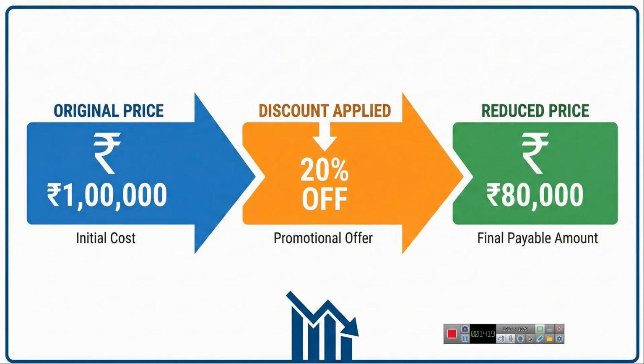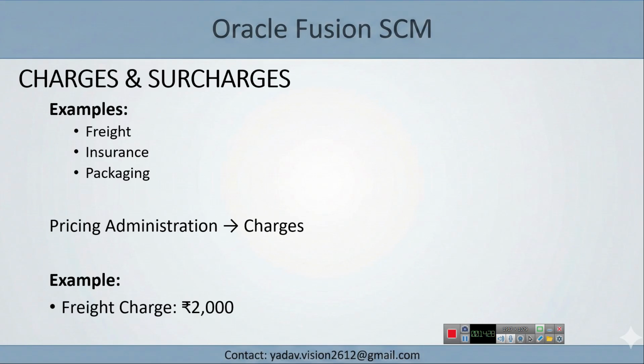So now we have talked about price list, pricing segments, pricing strategies, and after that the discounts and adjustments. And you are going to have the charges. Remember, discounts reduce your base price and charges increase your price. The charges may be your freight charges, insurance charges, or packaging charges.